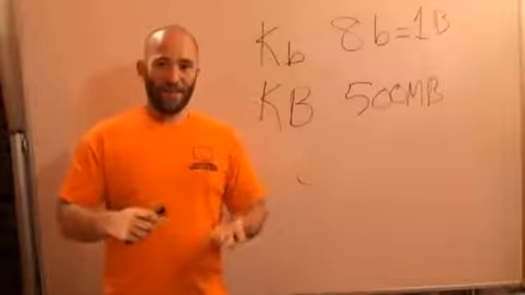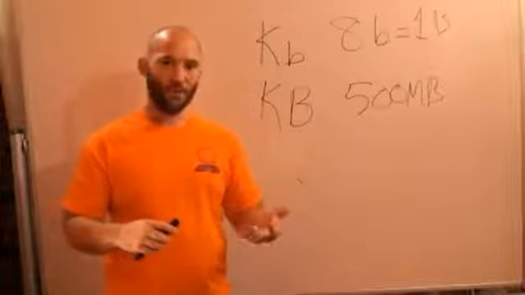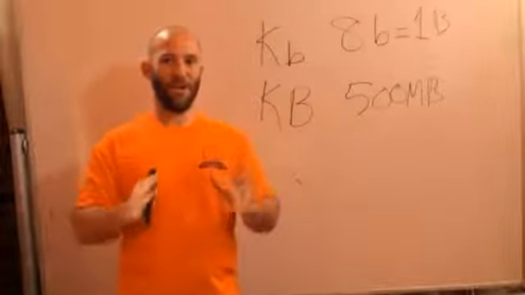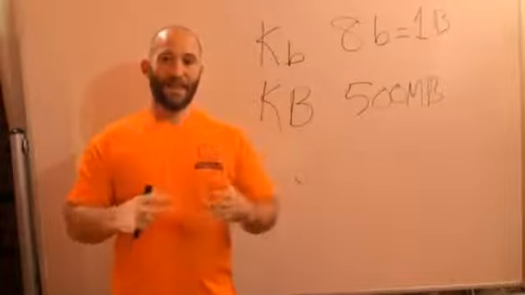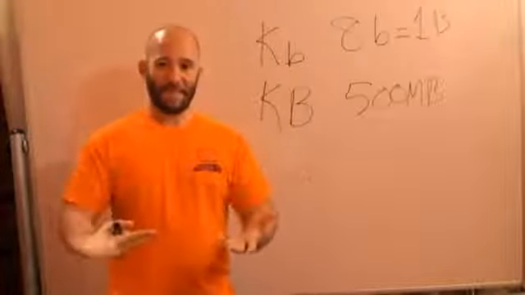Well, what the internet vendors do, the Comcasts, the Verizons, the Qwests of the world, they kind of mess with you because they know that you're going to get confused. When you buy internet service, they tell you the speed in bits.